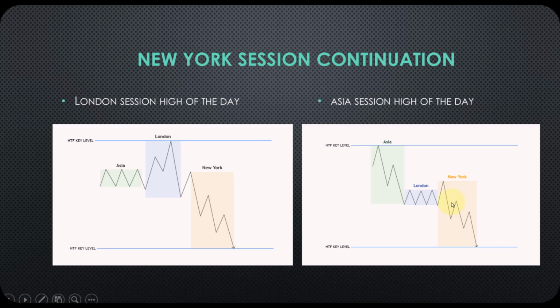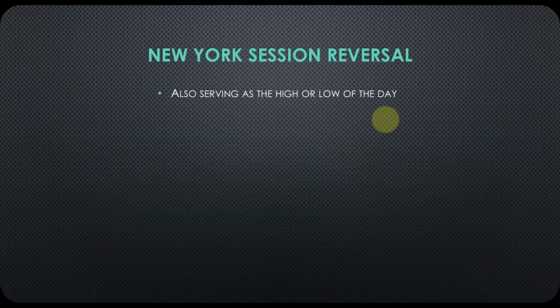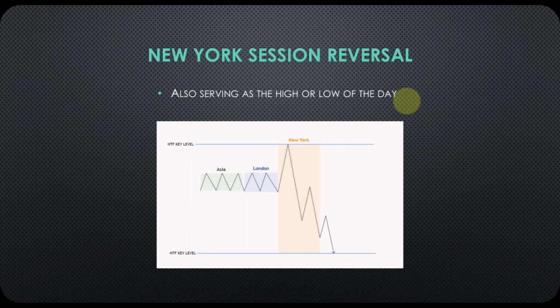Now, we also consider the New York session reversal. The New York session reversal is when the New York session becomes the high or low of the day, depending on the market condition or the bias of the day.